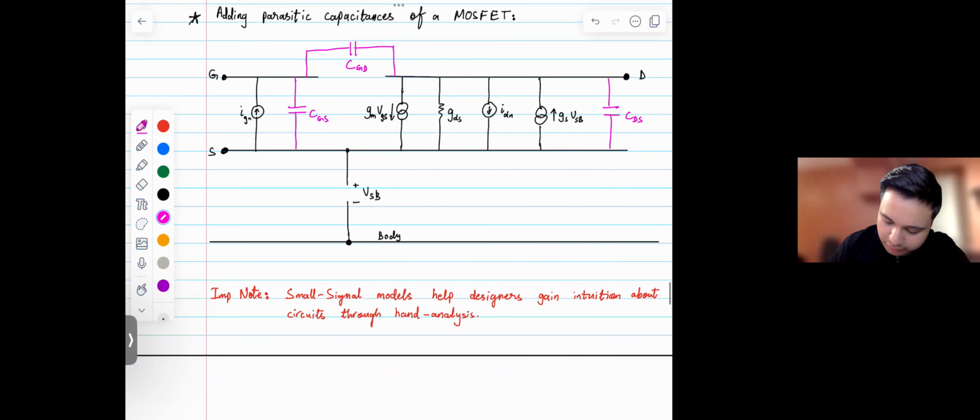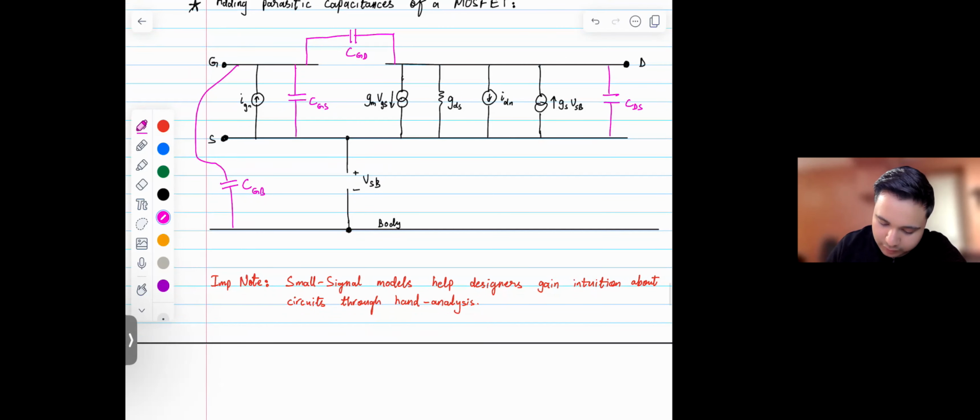And now we also have all of these three terminals with respect to body. So we would have gate with respect to body, that would be CGB. Then source with respect to body, CSB. And then drain with respect to body, CDB.